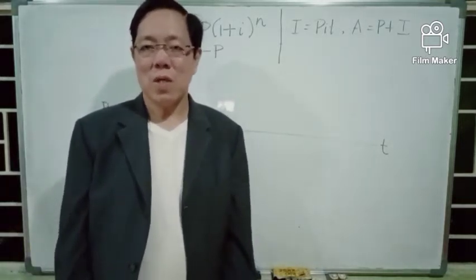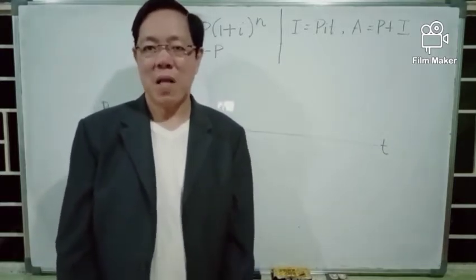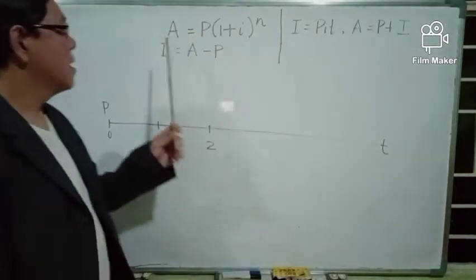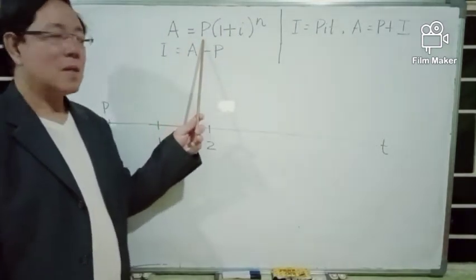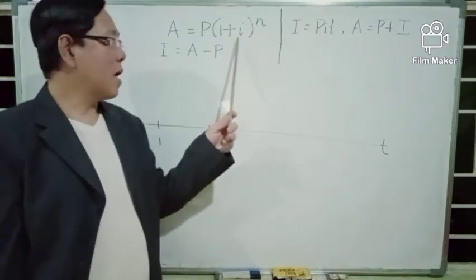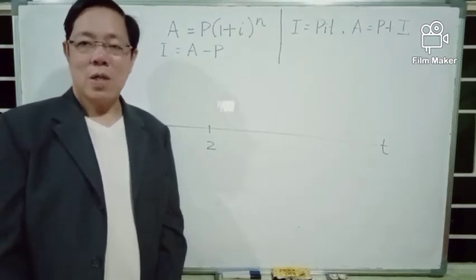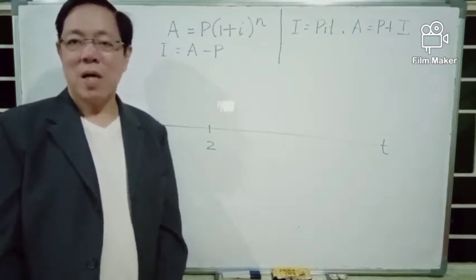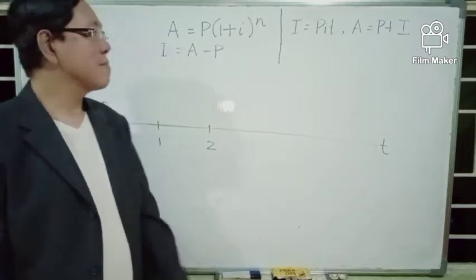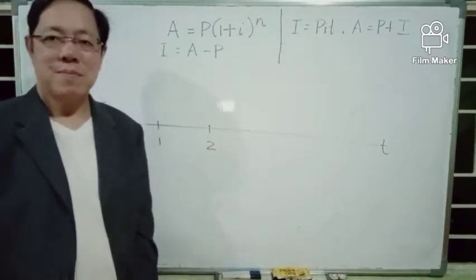So what we do is we compute first the accumulated value or accumulated amount of the principal at the given compound interest rate using the formula A equals P, principal, times quantity 1 plus i to the power n, where i, as I said earlier, is the interest rate per period, computed by the formula j divided by m, where j is the given compound interest rate per year, and m is the number of interest computations per year.